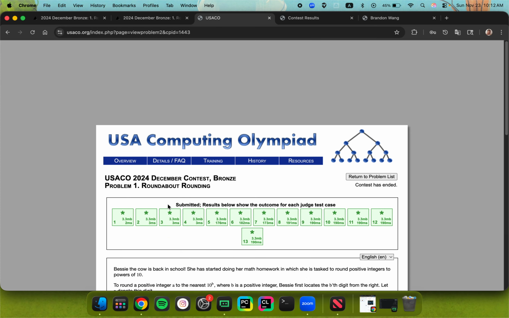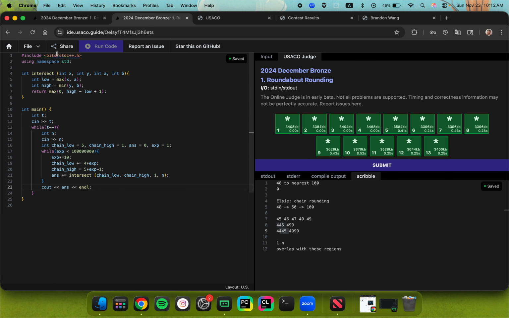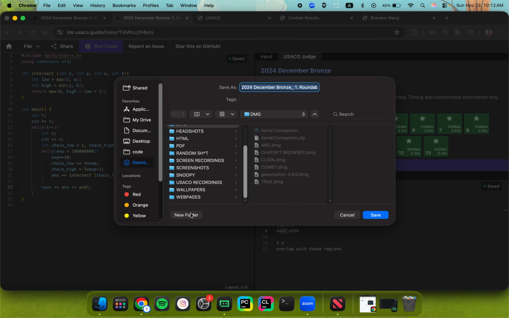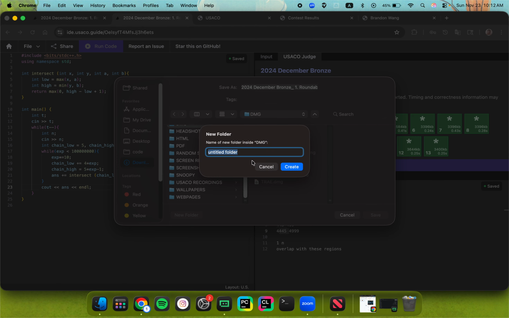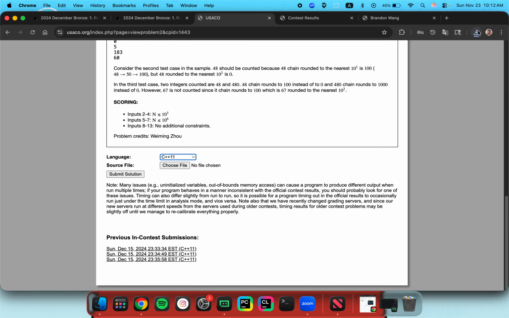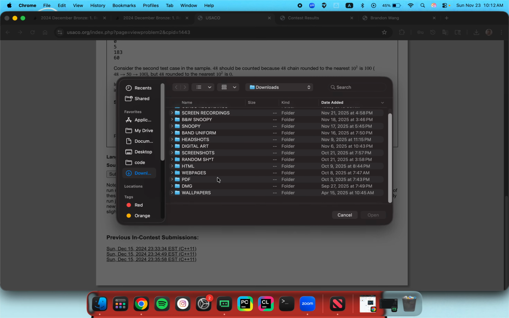To make sure that this works, let's just go to file, download, and a new folder. I'll just download it. Save. Go to my downloads.